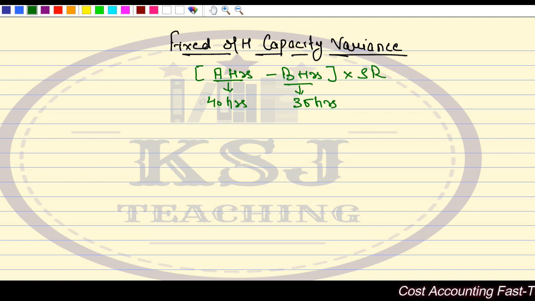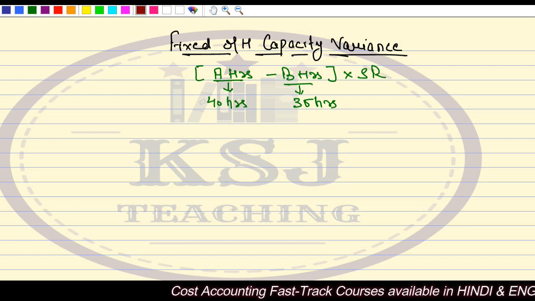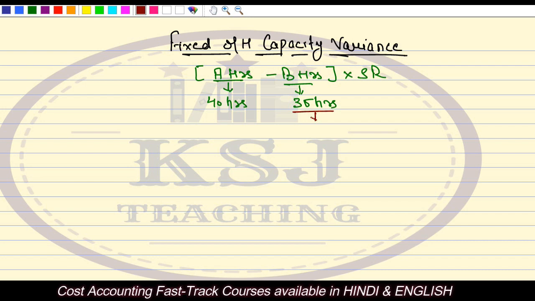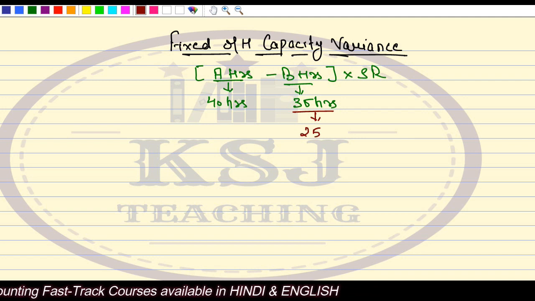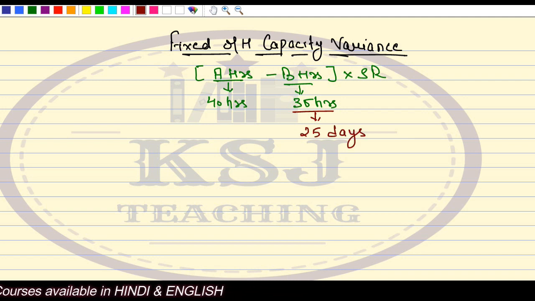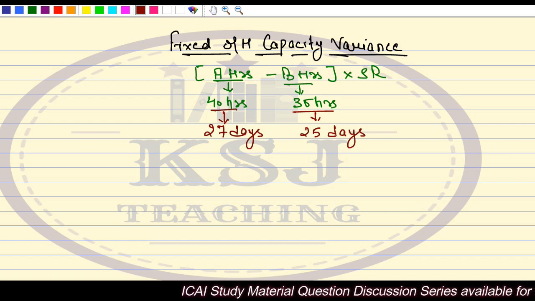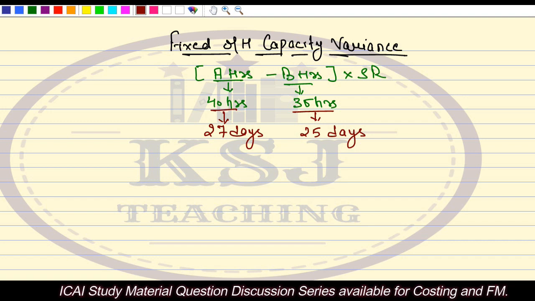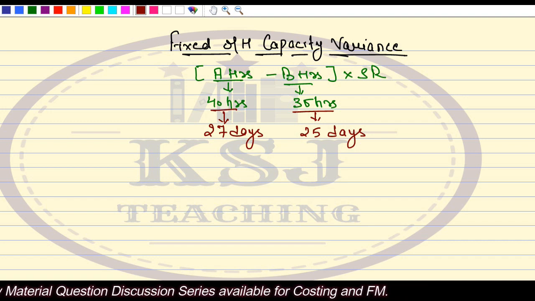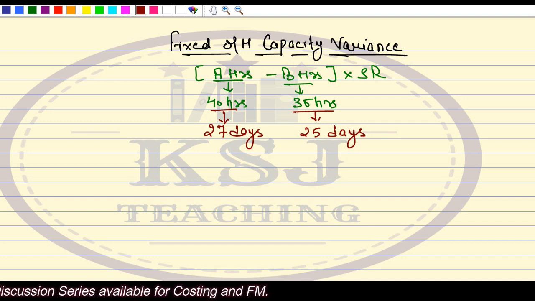Now, let's take a scenario. We are saying that he can work for 35 hours and this is for 25 days in a month. But actually, he has spent 40 hours and he has worked for 27 days in a month, instead of 25 days. Now, can we say that it is beneficial, that he has more capacity?